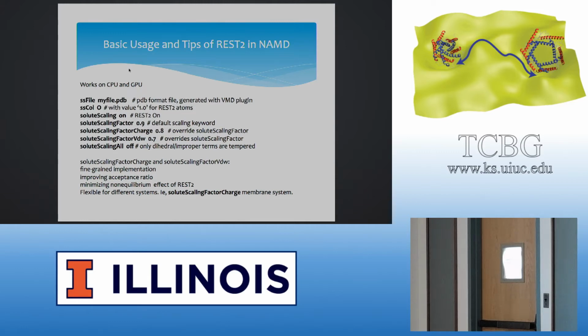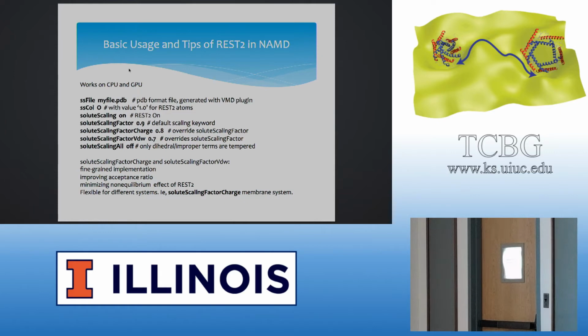And later I will show you how to flexibly use that and for what kind of system you use that. Solute scaling off turns off this default. What's this one? Because we have bond, angle, dihedral, and improper terms there.